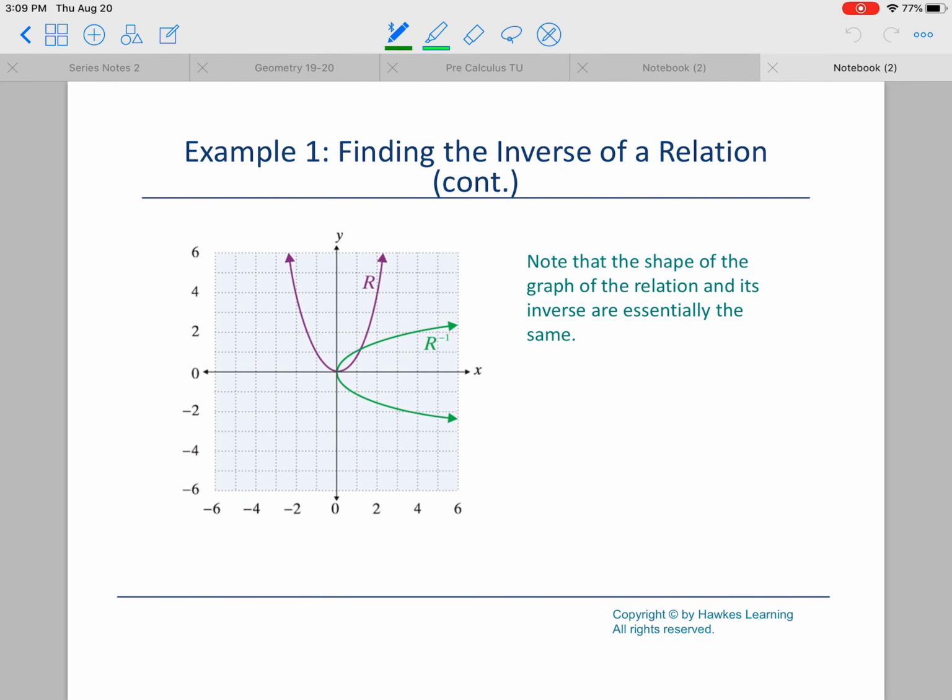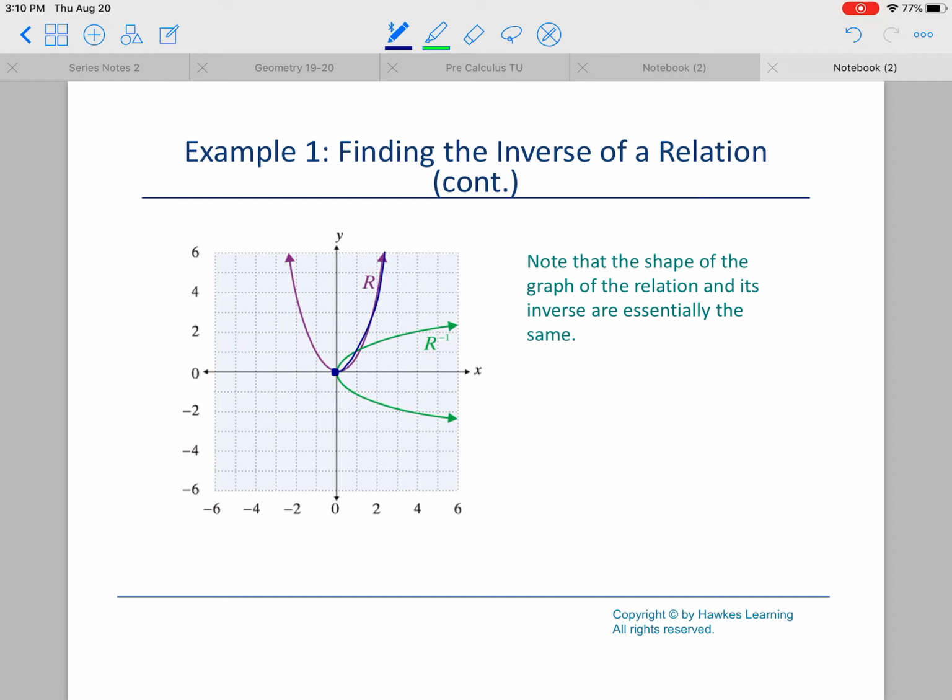Here in the graph on the purple, that is our parent function, y equals x squared. We remember that our vertex is here at (0, 0). We have a nice parabola here. So that's what our graph looks like. Its domain, remember, is all the x values.